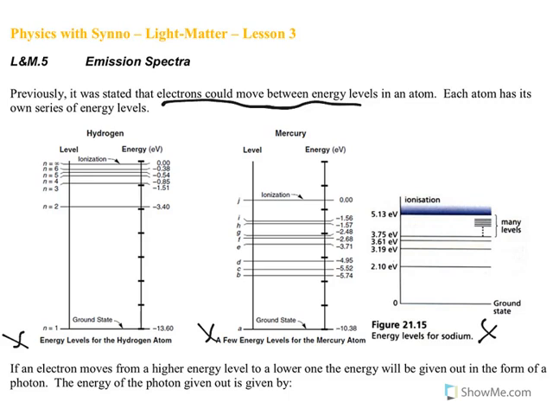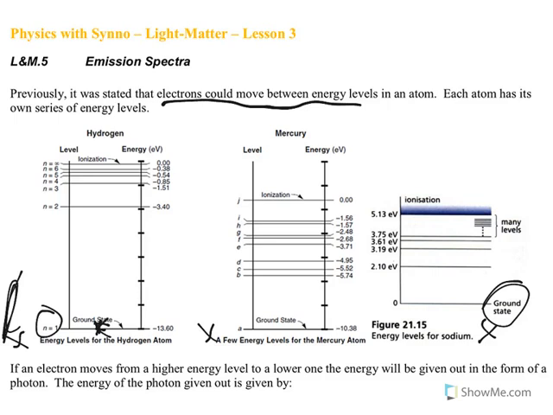Let's look at the one on the left. The hydrogen atom, n equals 1, is also known as the ground state. That's the normal. The electron in the hydrogen atom wants to sit here, and that's where it would like to sit.